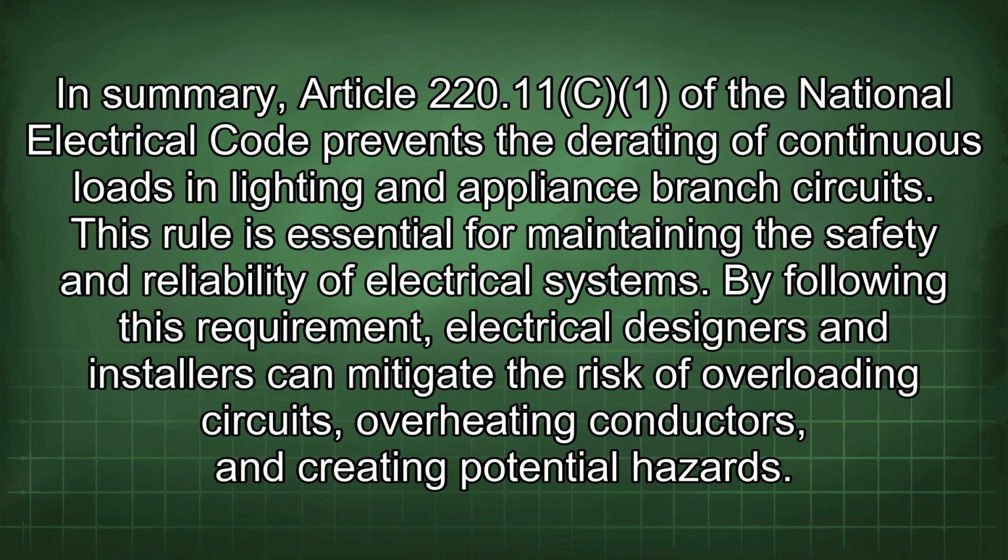In summary, Article 220.11 of the National Electrical Code prevents the derating of continuous loads in lighting and appliance branch circuits. This rule is essential for maintaining the safety and reliability of electrical systems. By following this requirement, electrical designers and installers can mitigate the risk of overloading circuits, overheating conductors, and creating potential hazards.